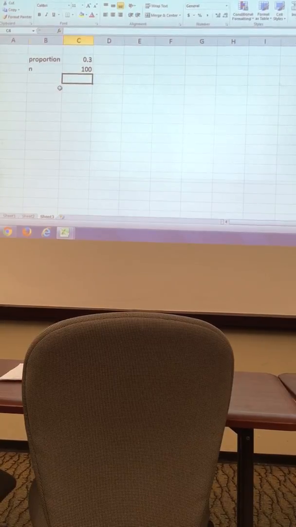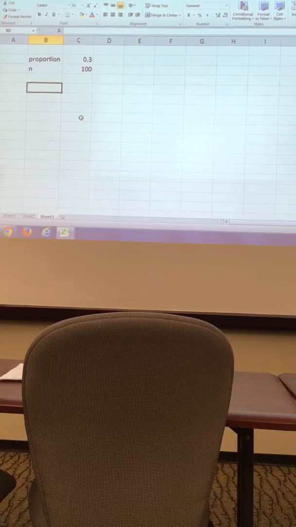So, assume that the president's assumption is correct, and that the true population proportion is 0.3. What is the sampling distribution of P? Let's get that one. So first, let's find our standard deviation.